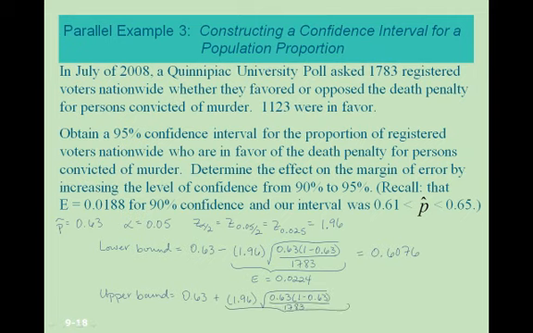And remember that that was equal to 0.0224. Now we're adding it, so we get a value of 0.6524. So increasing the level of confidence increases the margin of error, therefore resulting in a wider confidence interval.